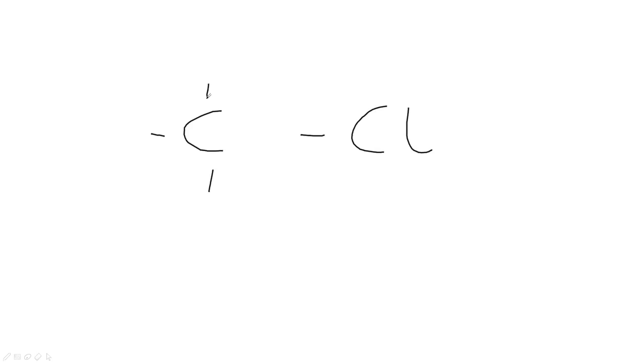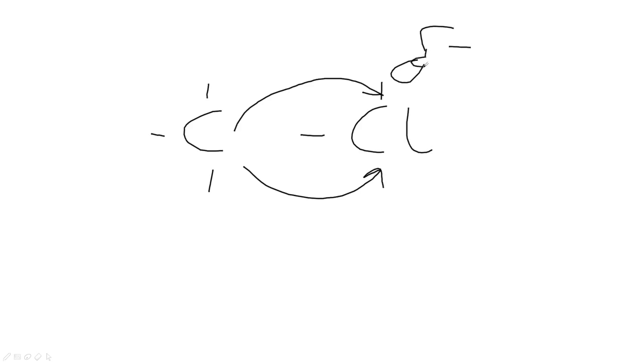Because of its high electronegativity, this chlorine is going to be withdrawing the electrons of this carbon, thereby acquiring a partial negative charge, something like this, and the carbon is going to acquire a partial positive charge. That's what is happening here. They're going to acquire different partial charges.